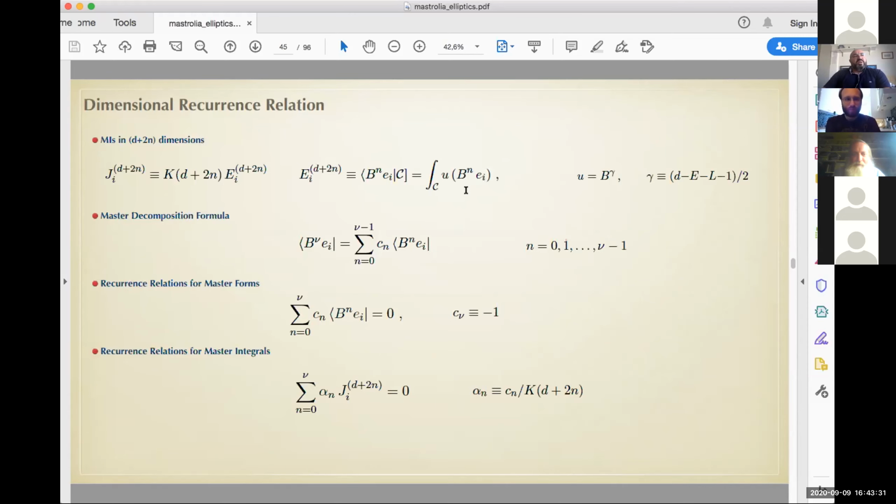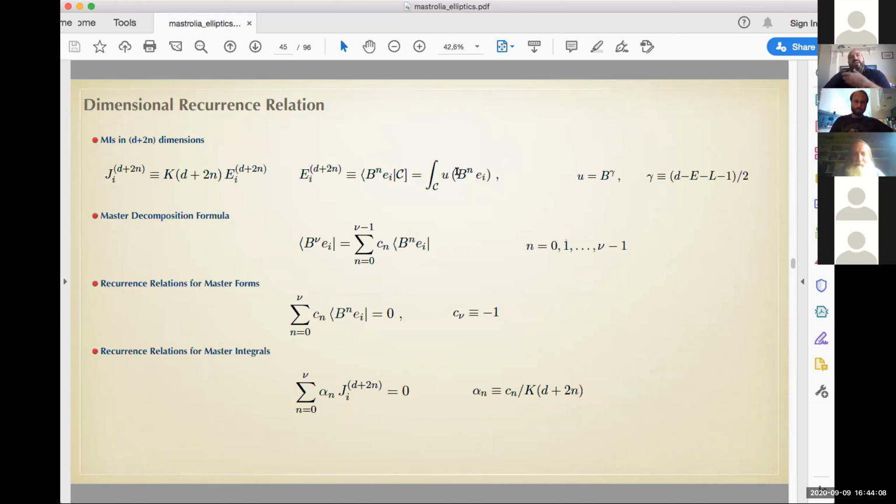So, two special applications of this formula are the derivation of the dimensional recurrence relation and the generation of the differential equation. The dimensional recurrence relation in this context is simply obtained by a change of basis of master integrals. One considers the master integrals in the original basis e_i to be replaced by a new set of master integrals obtained by the power application of B on e_i.